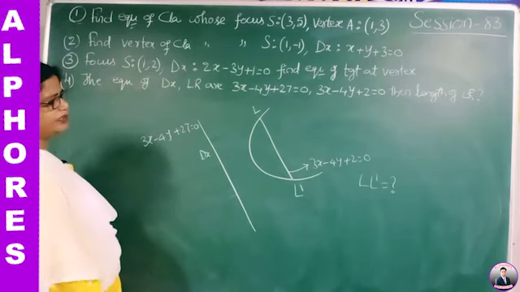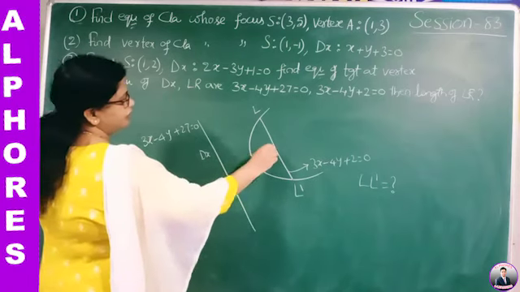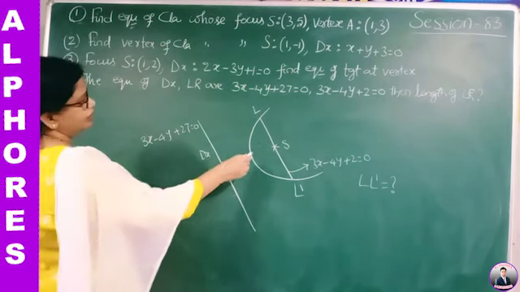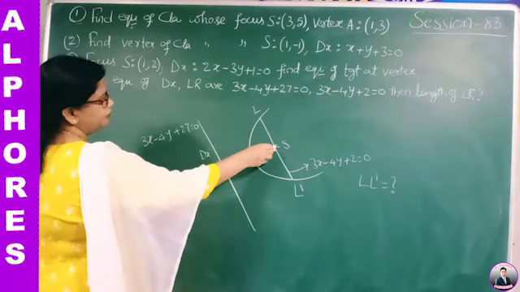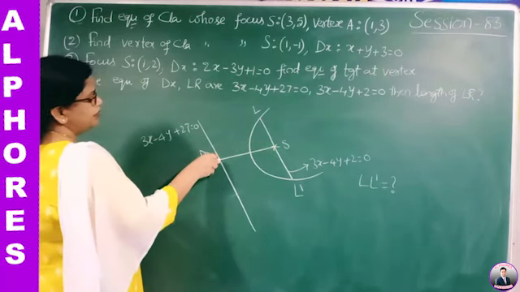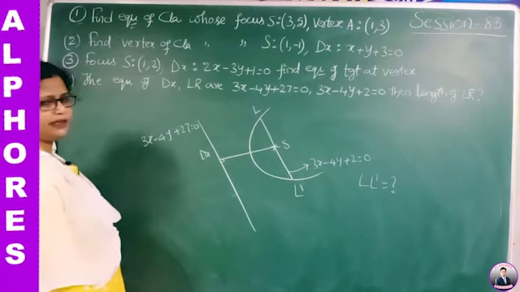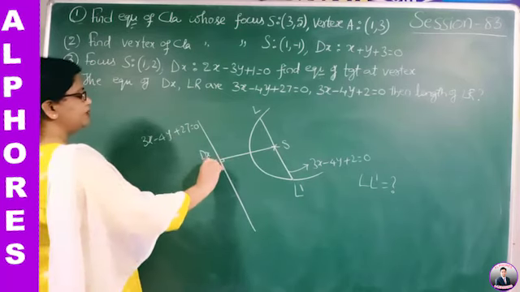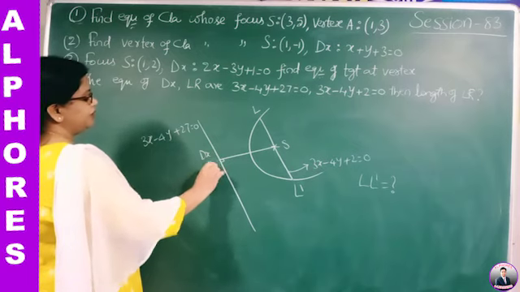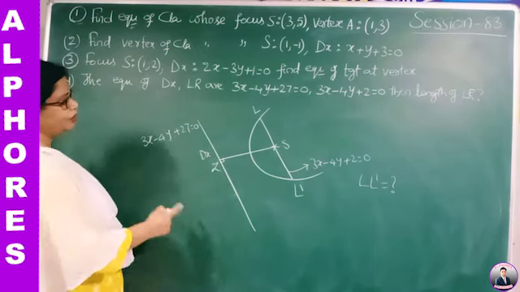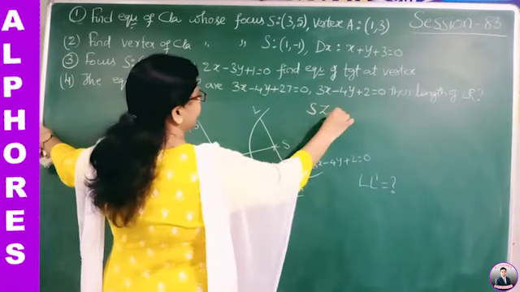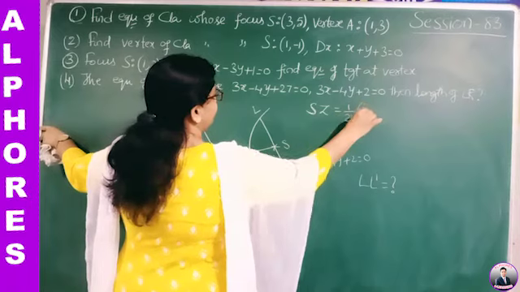Then again, just make use of the standard form. What is the standard form? The middle point is nothing but the focus. And we observed already that the distance from the focus to the directrix is exactly half of the length of the latus rectum. If this is suppose M, then SZ is exactly half of the length of the latus rectum.